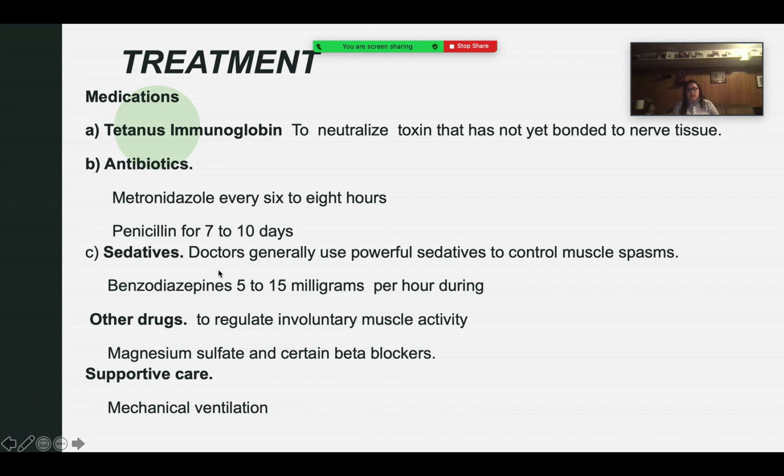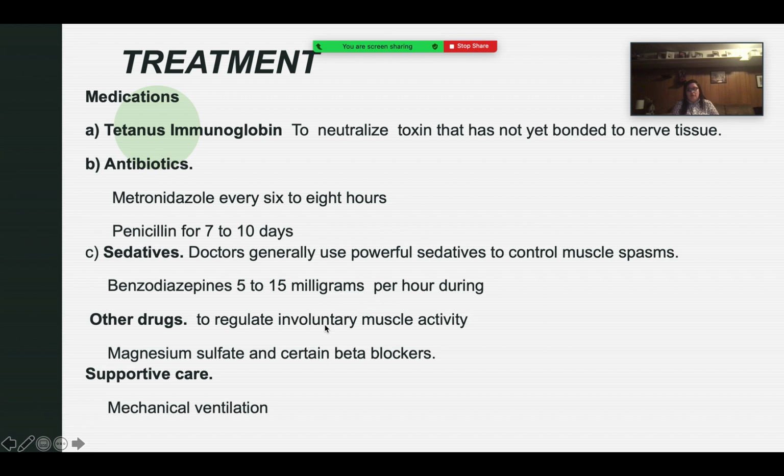The sedatives: doctors generally use powerful sedatives to control the muscle spasms. The benzodiazepines, 5 to 15 milligrams per hour.